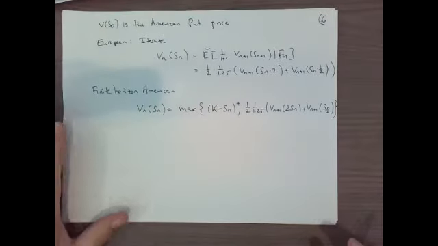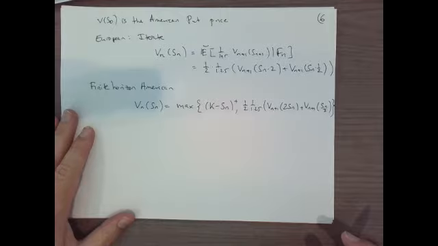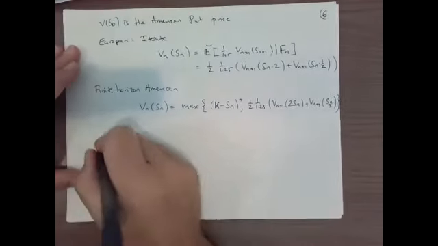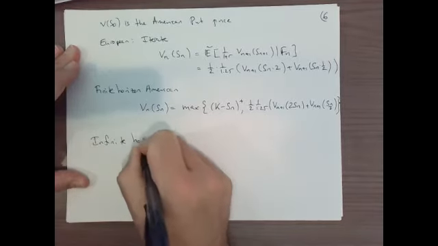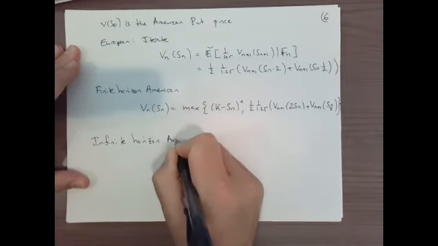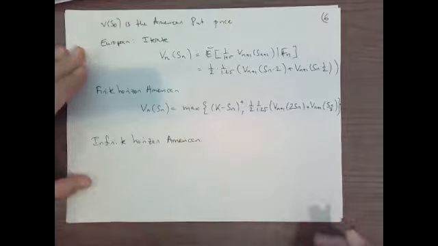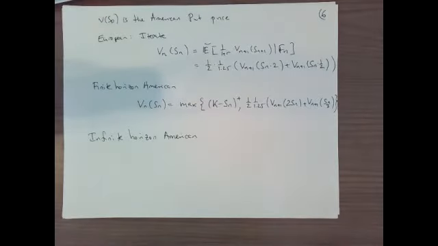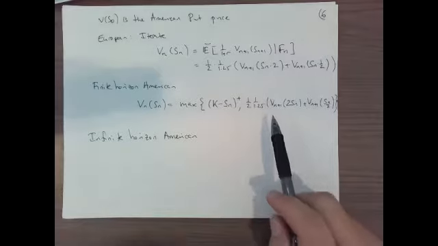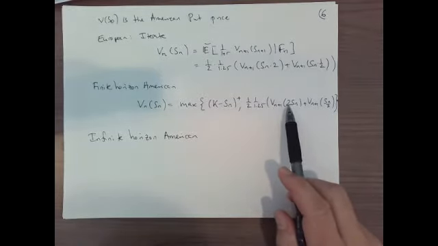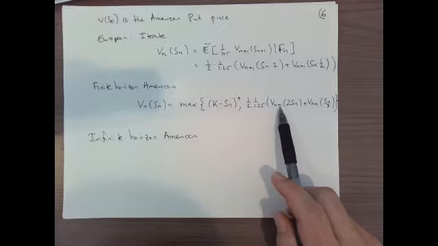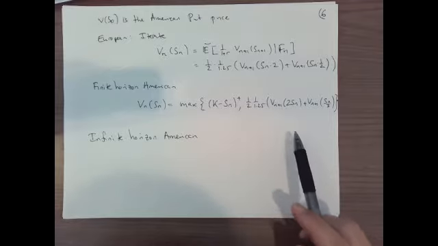That would be the finite horizon American. And so now we have the infinite horizon. There is independence of time because it doesn't matter how many rounds we've seen. There are still infinitely many rounds left.